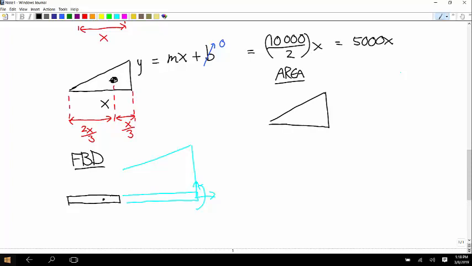Okay, so what's the area of a triangle with a base of x and a height of 5,000x? So the area is equal to 5,000x times x divided by 2, so 2,500x squared. So that's the value of this downward force, 2,500x squared.